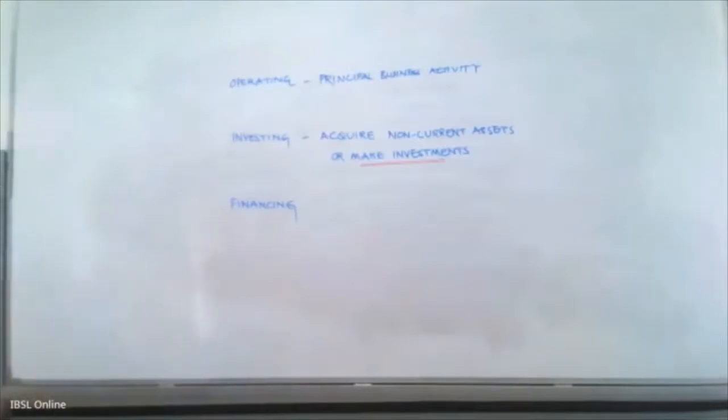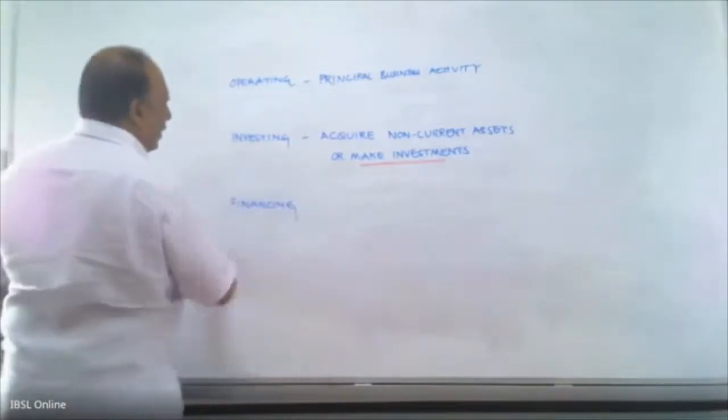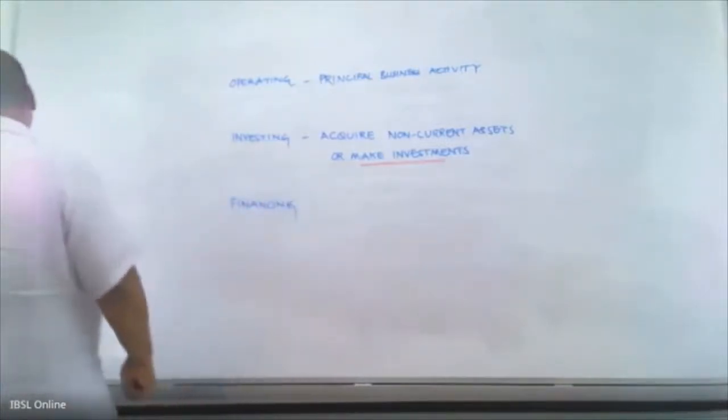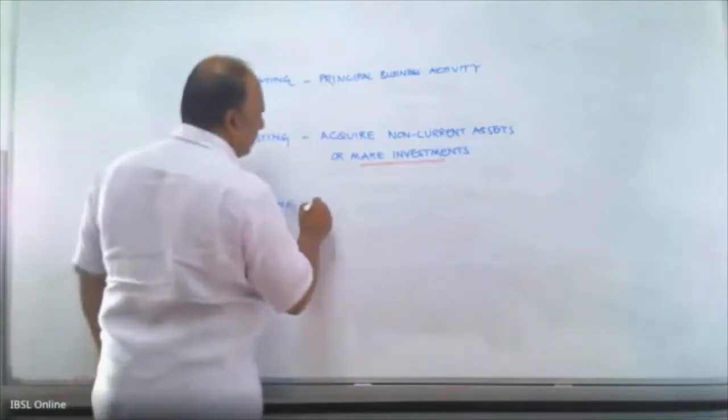And the last type of activity is called the financing activities. Now, financing activities happen when you are struggling to find cash, or you are finding it difficult to finance your business. So where does this happen?